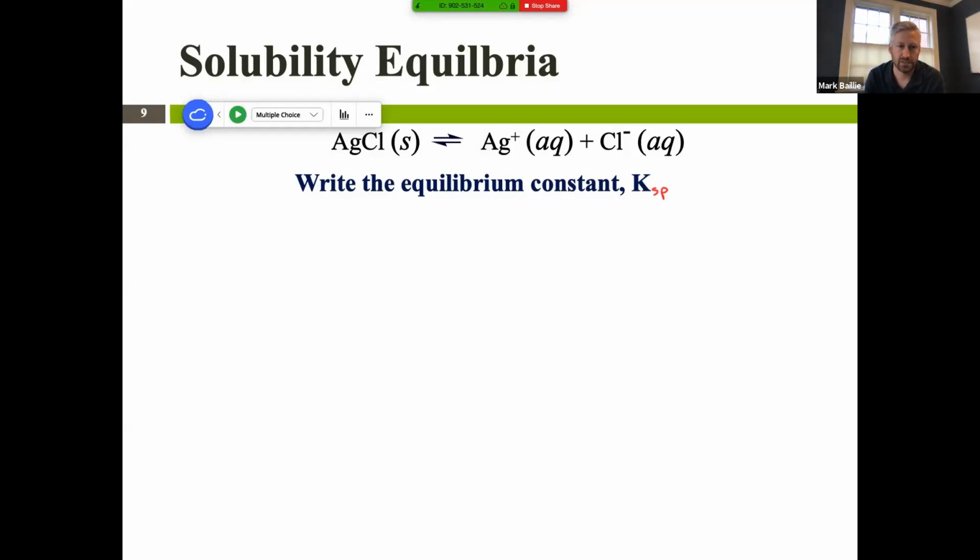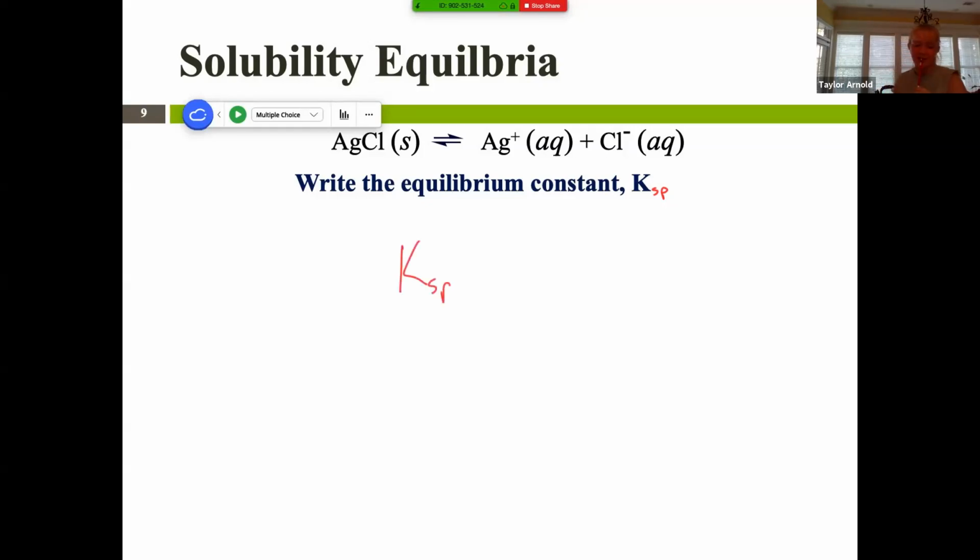And can I hear from Miss Taylor Arnold? What do you have as your equilibrium constant? I said KSP equals the concentration of silver times the concentration of chlorine.